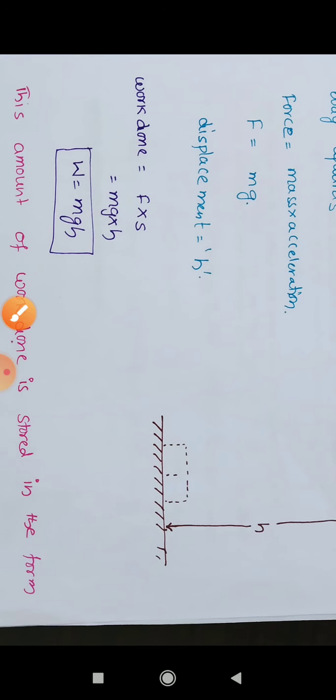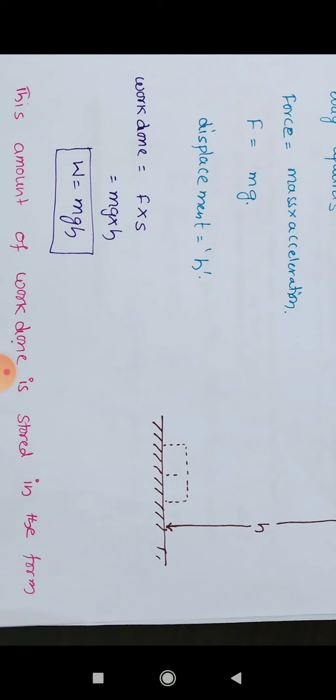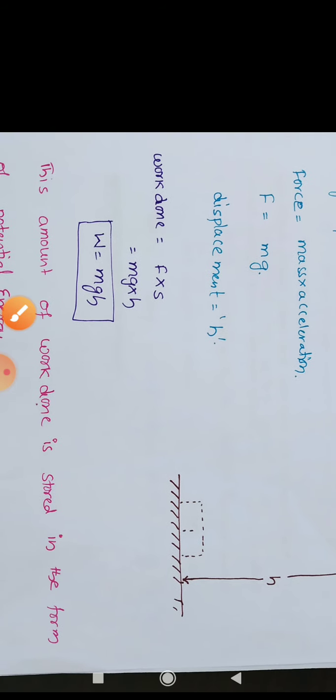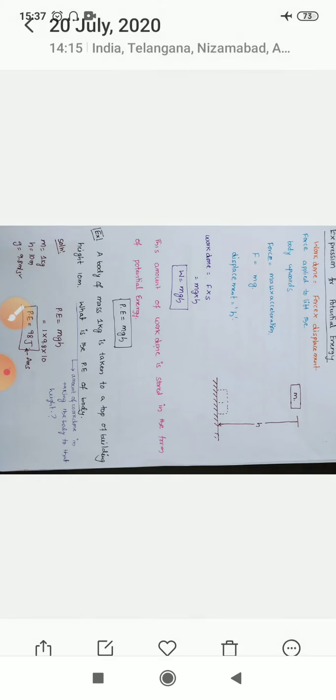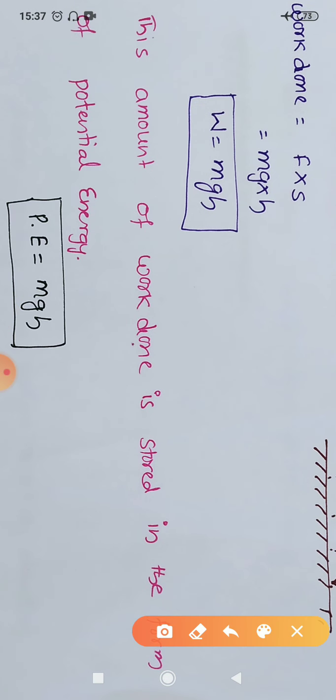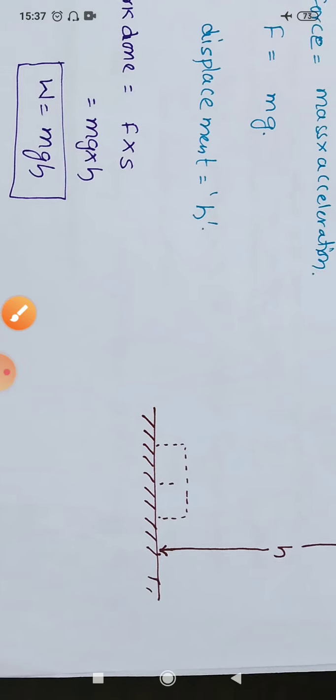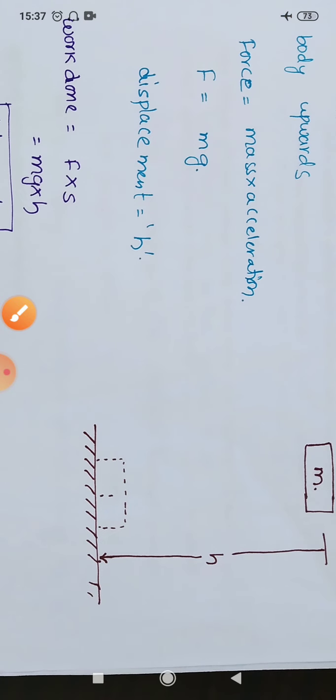Now the work done becomes force into displacement. Force is mg, displacement is h. So work done becomes mgh. You can see here, this is the amount of work done, and the same amount of work done is stored in the form of potential energy, because by taking the object to a certain height gives the object potential energy.